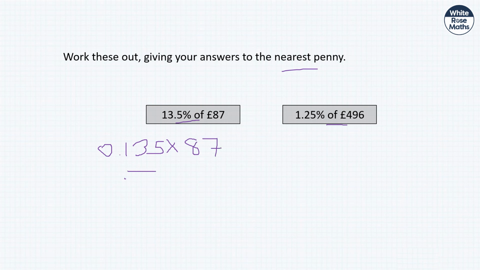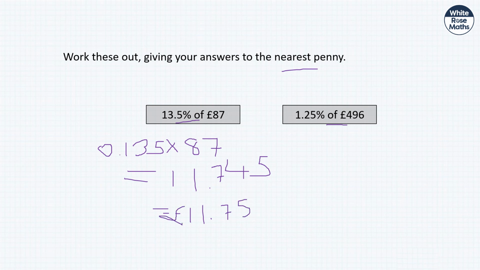I appreciate that I am being a bit lazy here, but it's a revision video, so I don't want to spend a lot of time working it out when you know how to work it out. That gives me £11.74 with a 5. So rounding it to the nearest penny is £11.75.